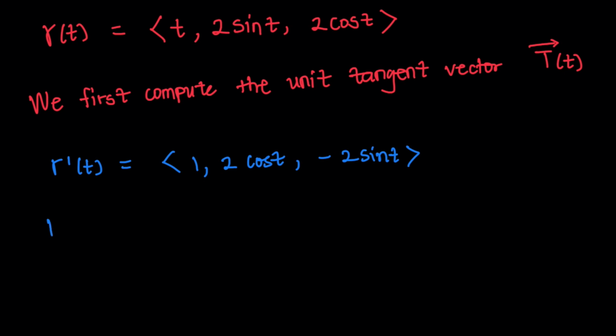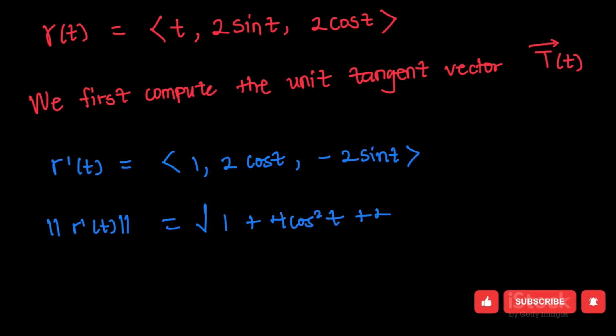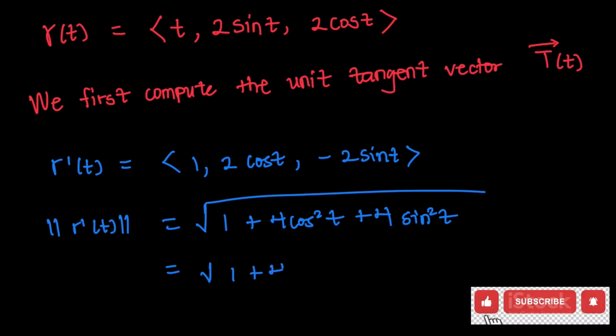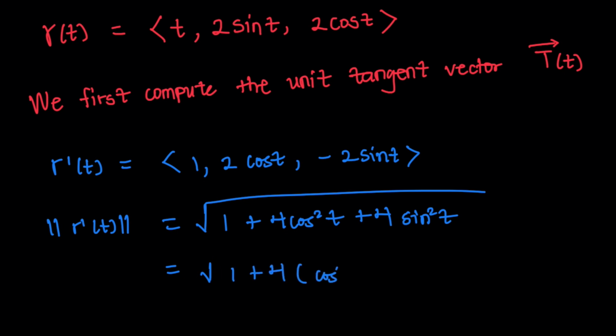Then we find the norm of this guy. So that's going to give us the square root of 1 plus 4 cosine squared of t plus 4 sine squared of t. So we are going to have 1 plus 4 out, cosine squared of t plus sine squared of t.